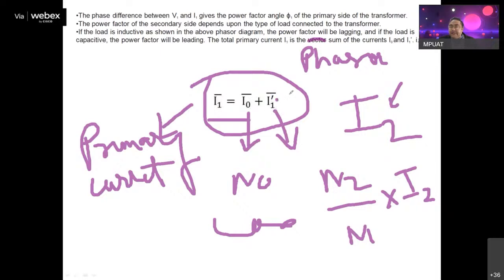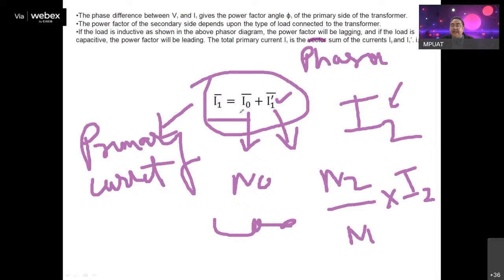This I1 dash is the primary counterbalancing current, and I0 is the no load current. So when a practical transformer is under loaded condition, it has two currents which are added phasorly, not scalar sum, not algebraic sum.